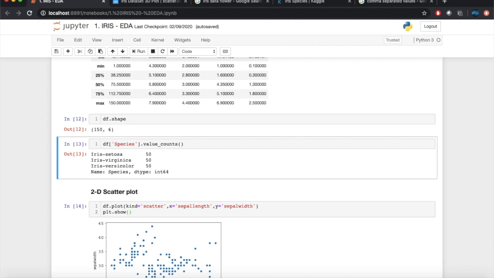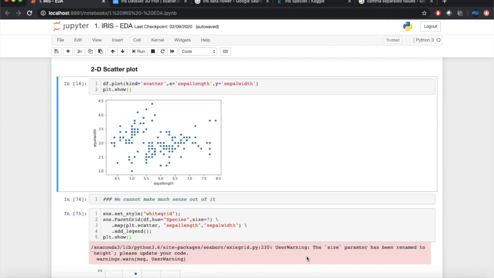Okay, plot. So this is the very first basic plot of two features. We are plotting two different features, sepal length and sepal width, using a scatter plot. Scatter means that all the points are scattered according to their length and width, as shown below.